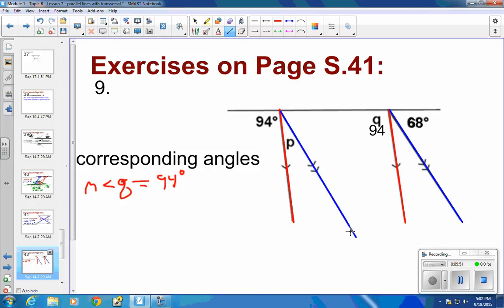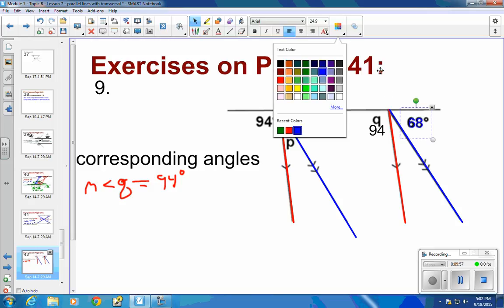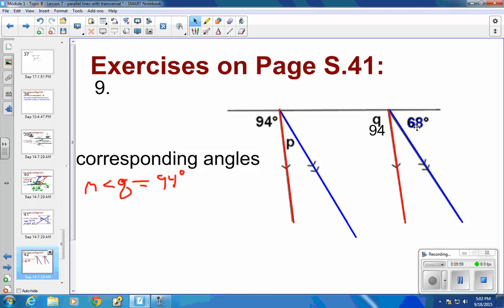So now if I'm looking at those two parallel lines, I can make that one blue to match my blue lines. So then its corresponding angle, if I slide it right over, goes to here. So that's 68 degrees. And that's not one of our letters, so I just need it there.